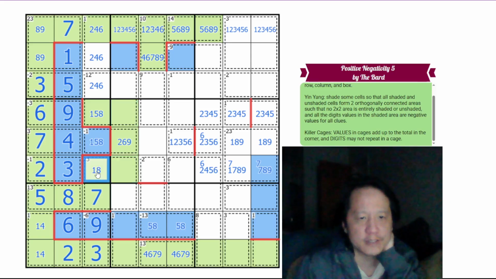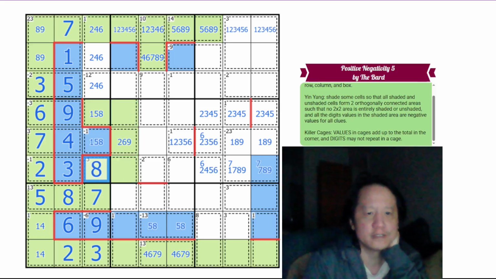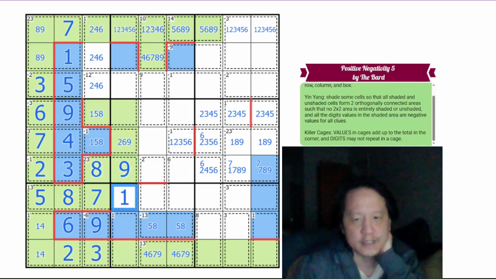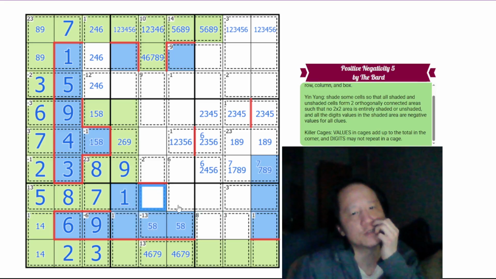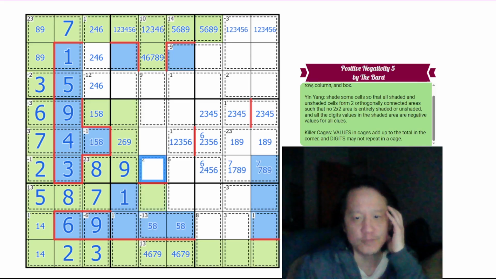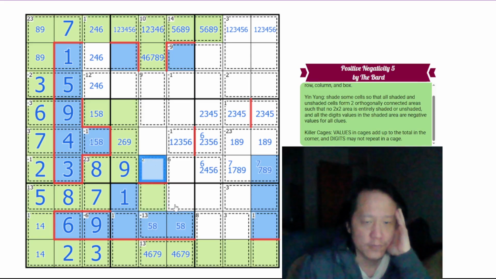So this is positive, positive, so this is 8, cannot be 1, this is 9, and this must be 1 as a negative digit. We have a 2 by 2, which has 3 negatives, so this must be positive, which makes this negative. Oh, that's not good.